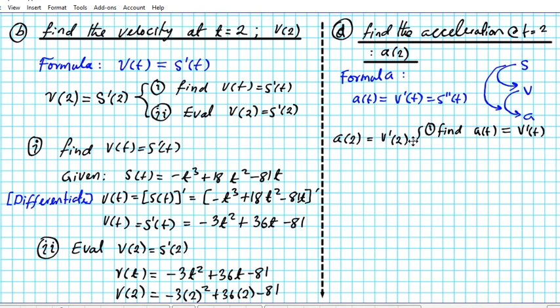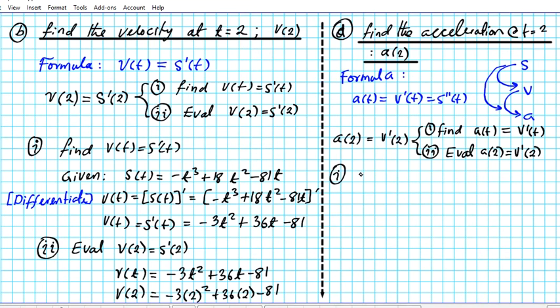You differentiate first, and after you differentiate, then you evaluate. So you evaluate the acceleration at t equals 2, which is the same thing as the velocity, differentiated, evaluated at t equals 2.